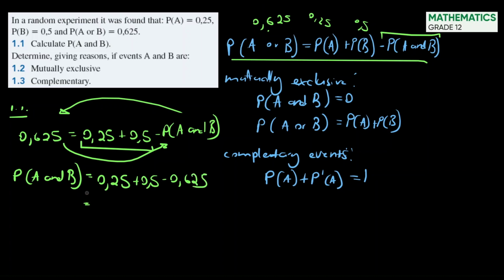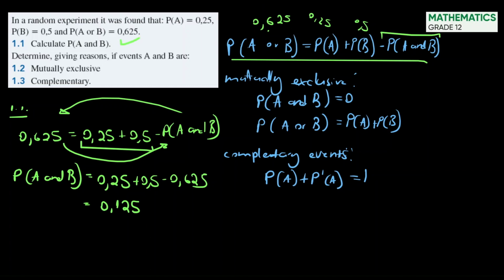So the probability of event A happening and B happening, when you plug that into the calculator, we get 0.125, as I'm getting on my calculator. So that's the probability. We've answered the first part of the question.